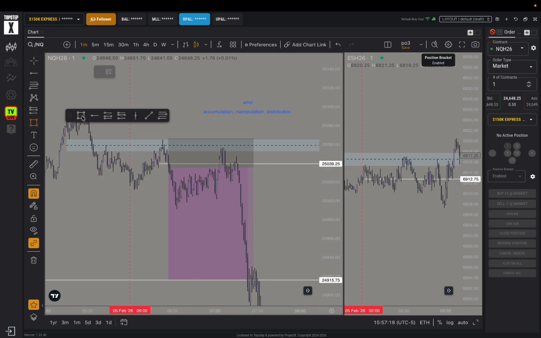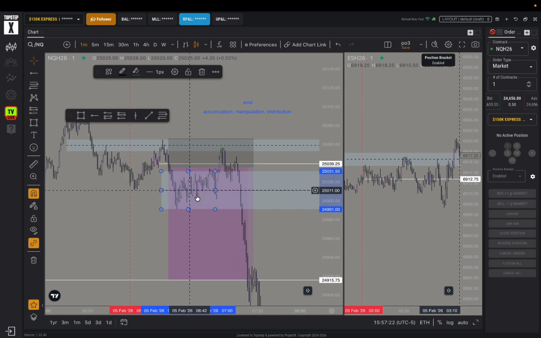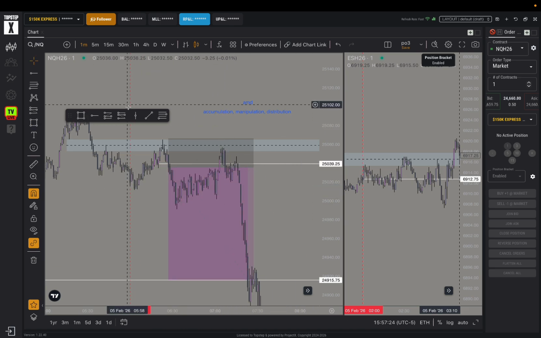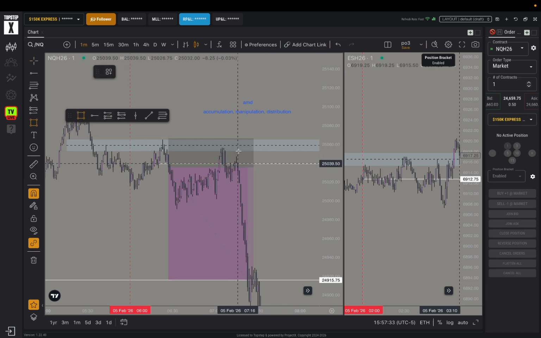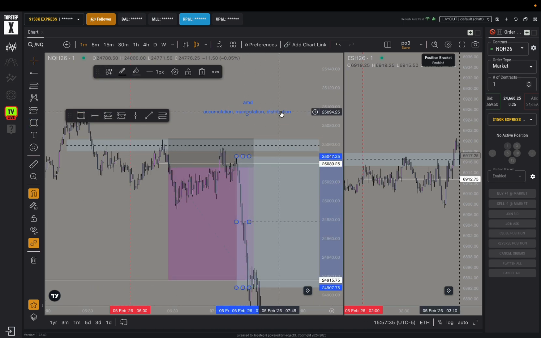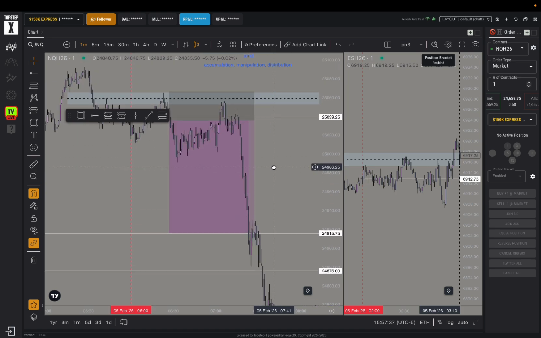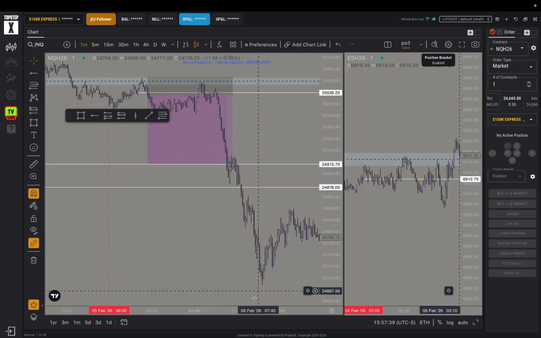If you don't know, we just accumulated in a range right here, this range. Then we manipulated it higher on this smooth. So the first one is the accumulation, then the manipulation, and then the biggest part of it, the distribution. That's the AMD. And yeah, that's how I caught this trade.